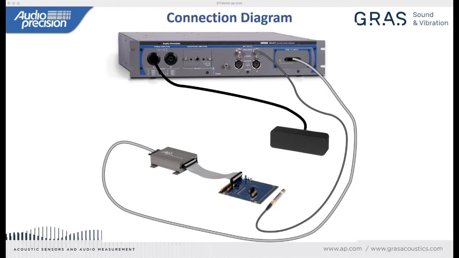And it wouldn't make a difference because the wavelength is so long. If we're measuring at 20 kilohertz, the wavelength has gotten so short that minute differences in position, millimeter differences in position, will make a difference in the measured sound field.